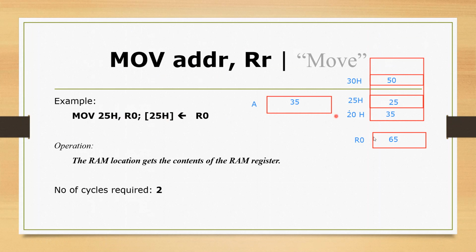We have the content 65 in the R0 register. It is copied to the 25 hex memory location, so the 25 hex memory location will get the data 65.